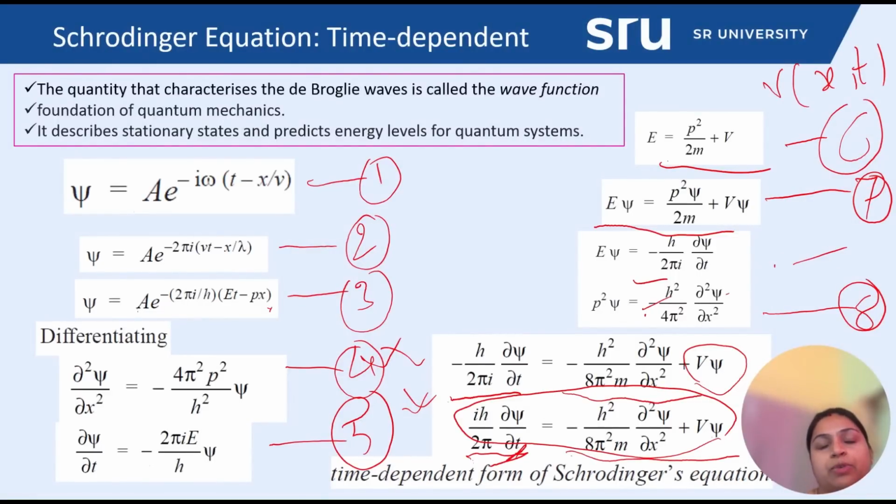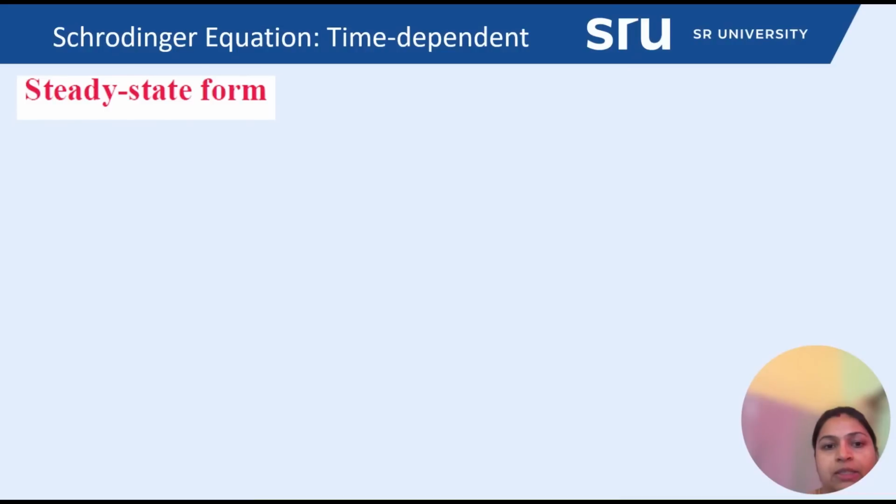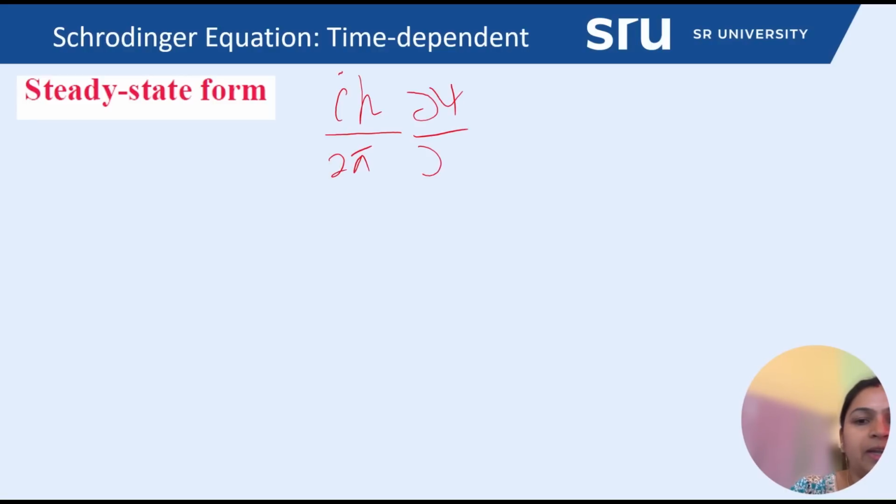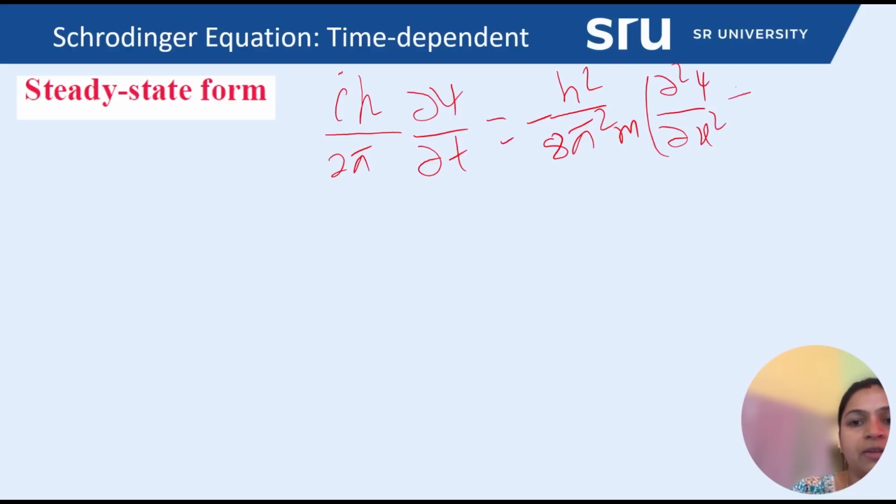If we express this in three dimensions, it will be i h by 2 pi del psi by del t equal to minus h square by 8 pi square m into (del square psi by del x square plus del square psi by del y square plus del square psi by del z square) plus V psi.